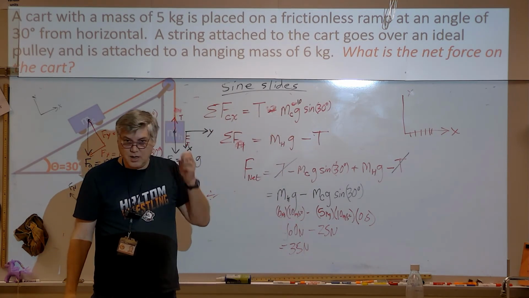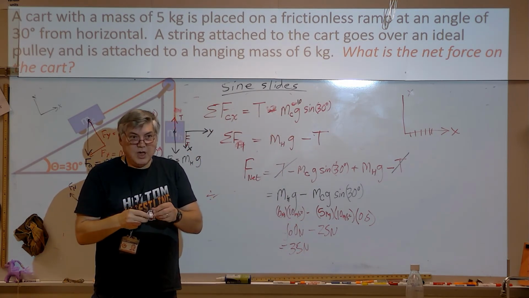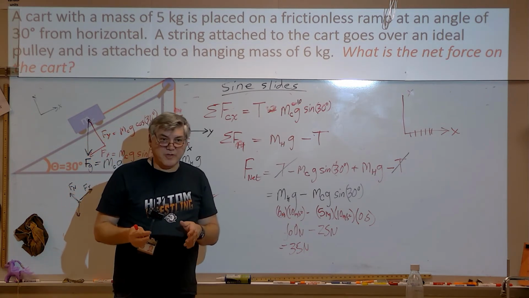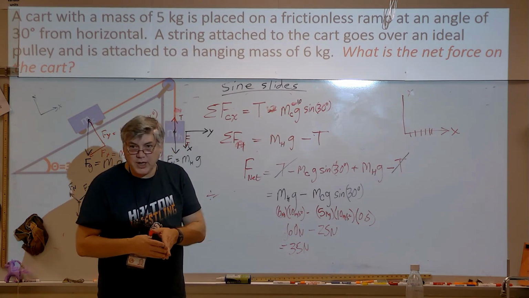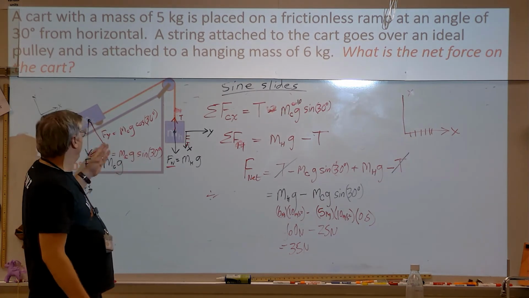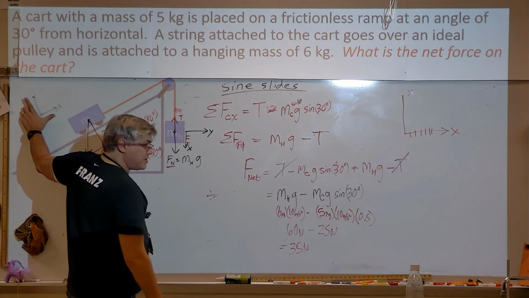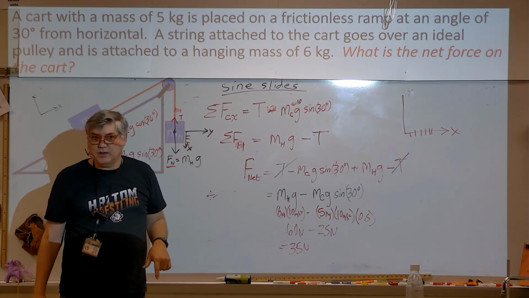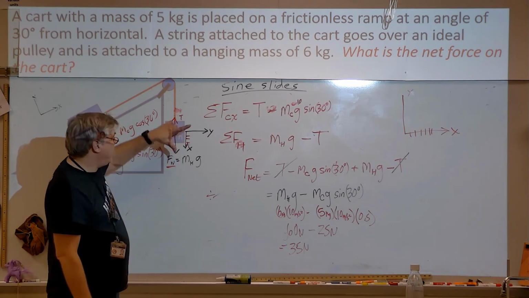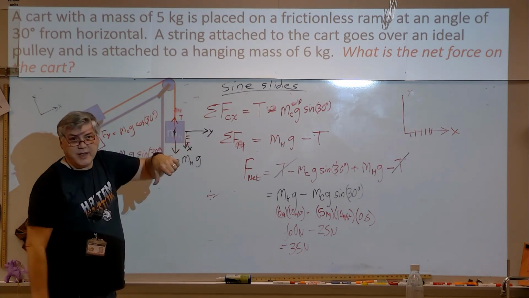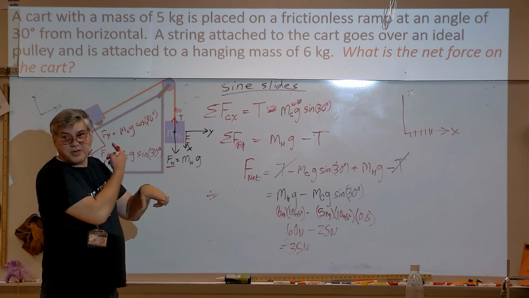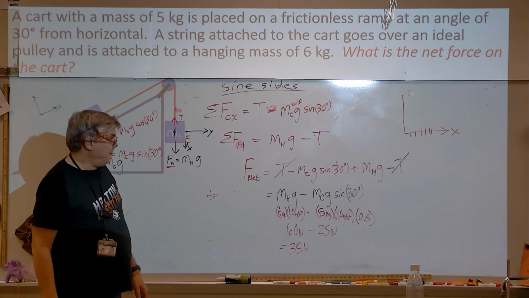I know it's a little confusing. The best thing to do is to think about which direction something is pulling, and is that positive or negative based on the coordinate system, the set of axes that you defined. If it's pulling in the positive x direction, then that's positive, and if it's pulling against it, then it's negative.